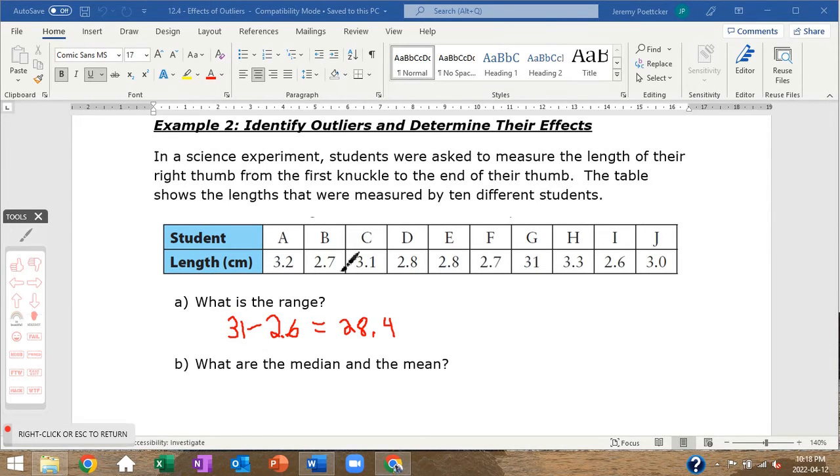Median and the mean. So again, median, I'm going to line them up in order. And then find the middle one. So I can tell you that the 31 is going to be at my big end of things. 2.6, that's gone. 2.7. 2.7 again. Seven is done. Next is a couple 2.8.